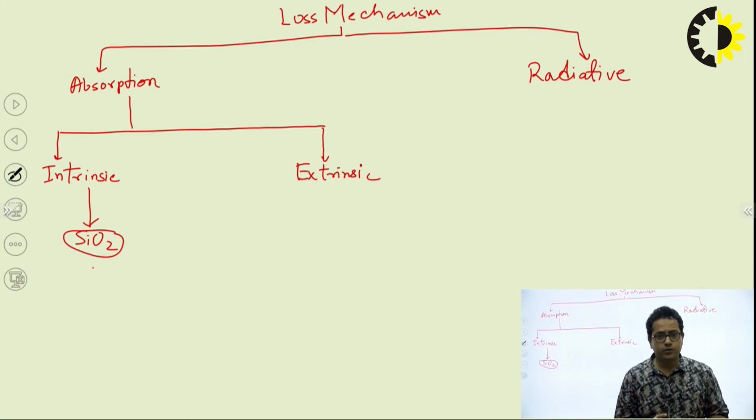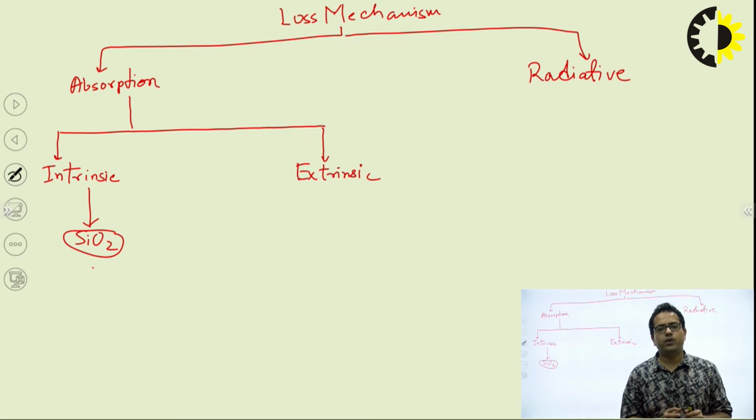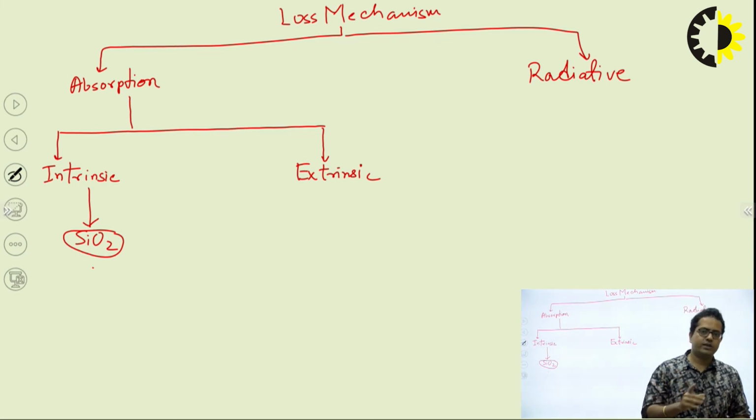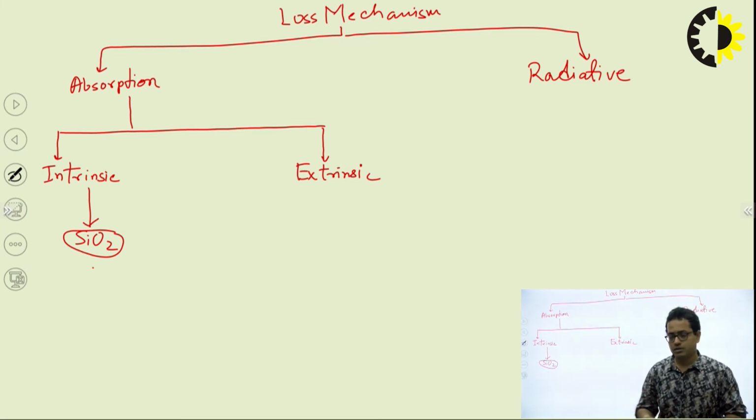So we have to be very careful at which wavelength we transmit the optical signals, so that we can avoid the molecular resonance as well as the atomic resonance, in order to avoid the phenomenon of absorption.